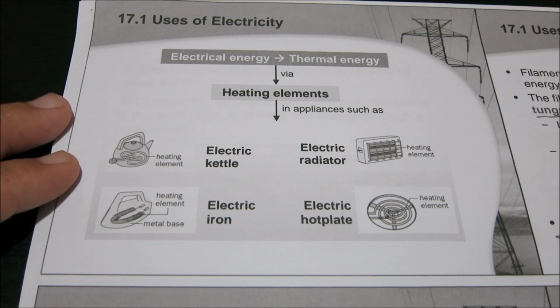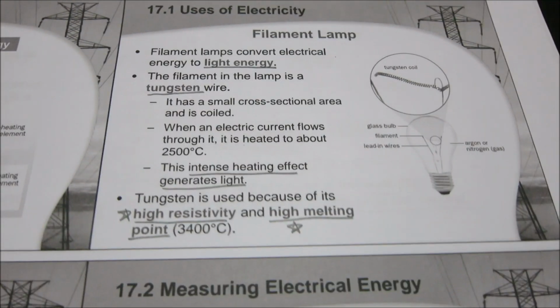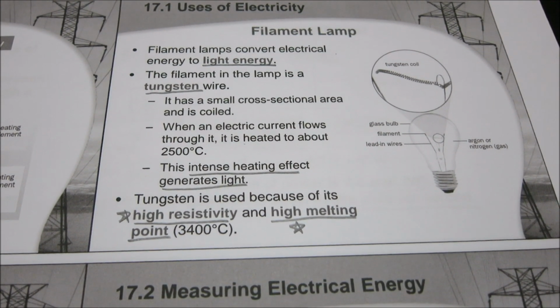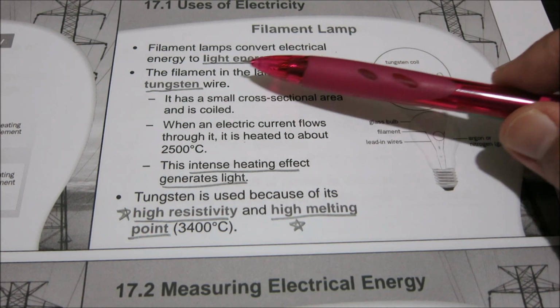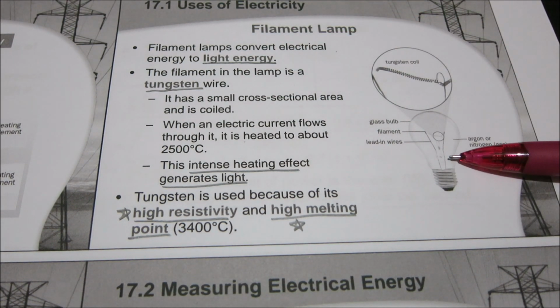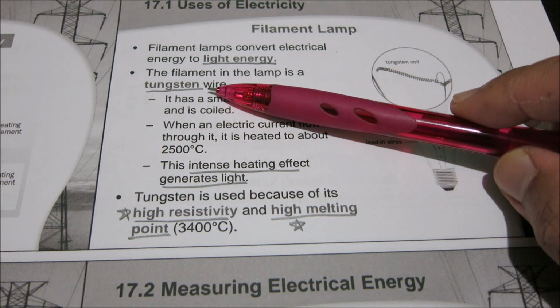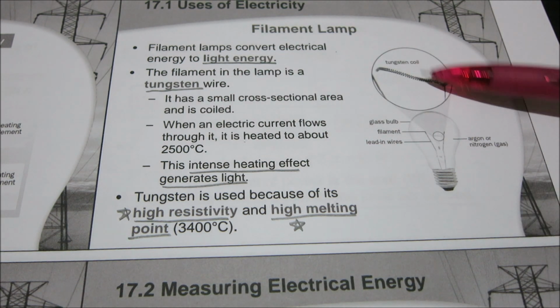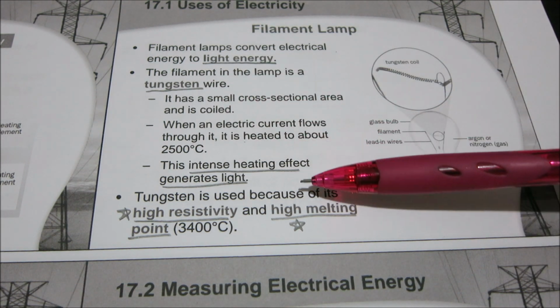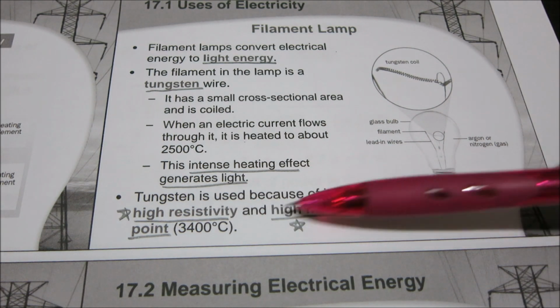Now, the other application that we use for electricity is converting it to light energy. Of course, now it is not so common to use this light bulb, or the tungsten bulb. We usually use LEDs now in our home. But the reason we used tungsten in the olden days was because it also has high resistivity and high melting point.